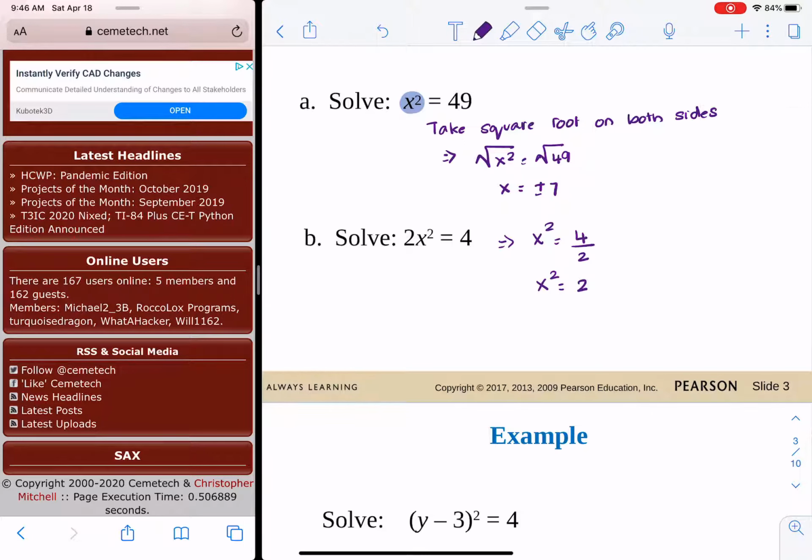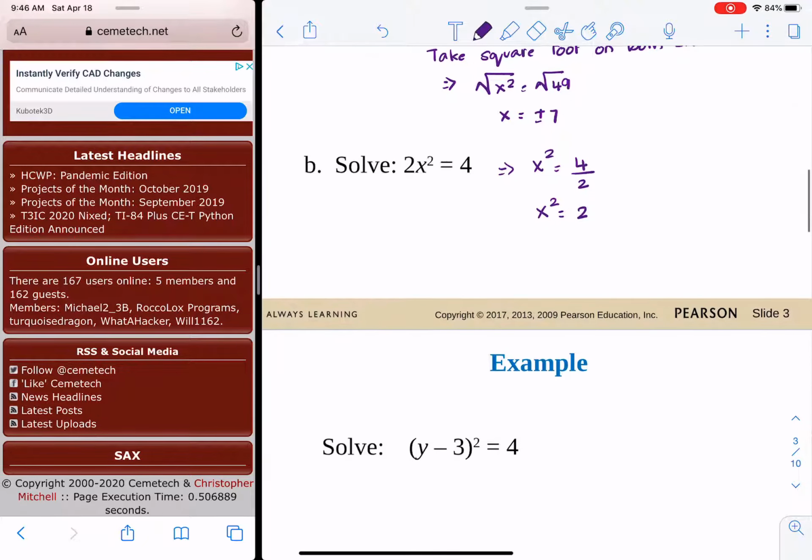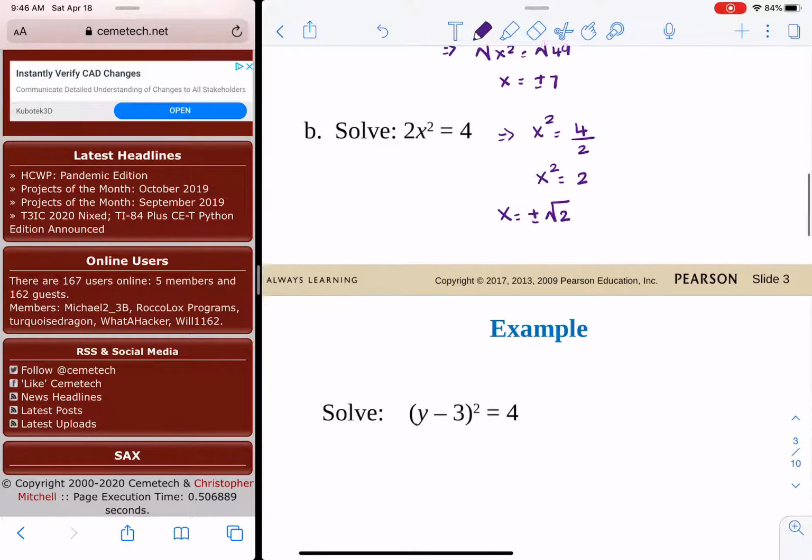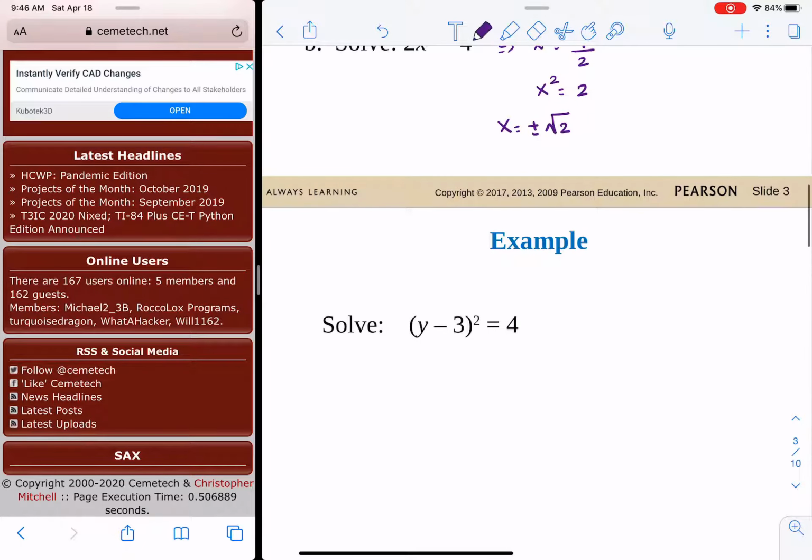All we're doing is taking the square root on both sides. So x would simply be equal to plus or minus square root of 2. No matter how complicated the left-hand side is, as long as it is a perfect square, we can use the square root property to find the solution.